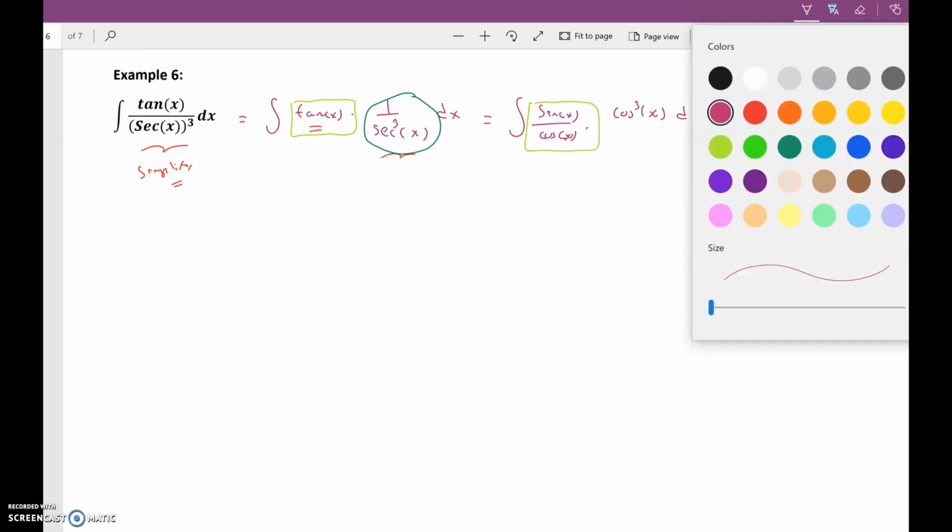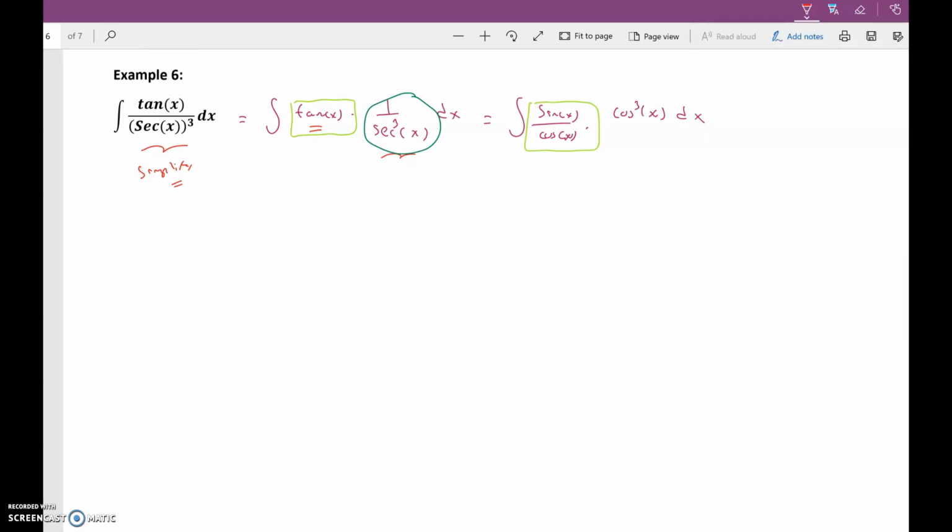And what we have here is what looks to be a simpler form of the integral. So we technically have that this is equal to the integral of sine of x times cosine to the second of x dx.